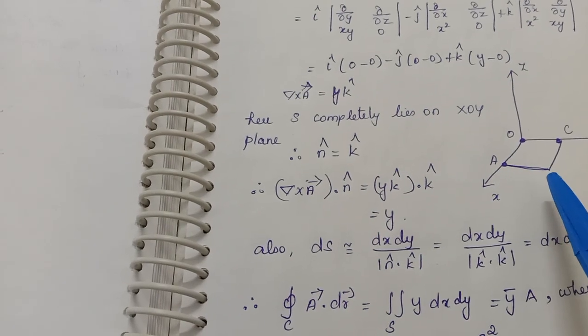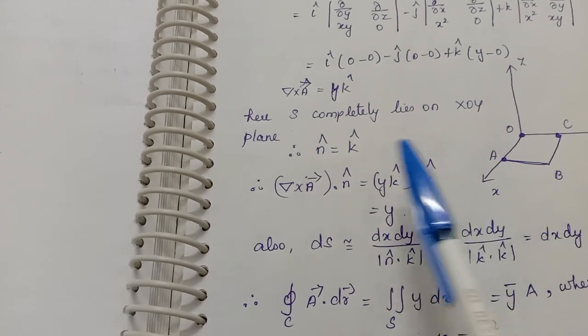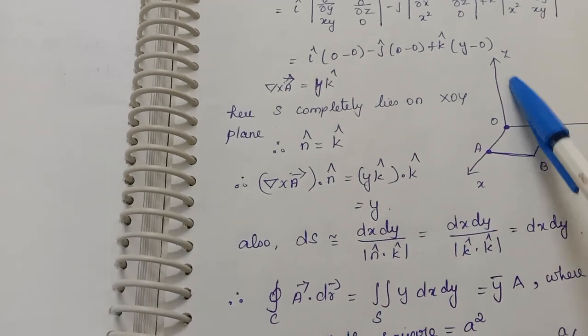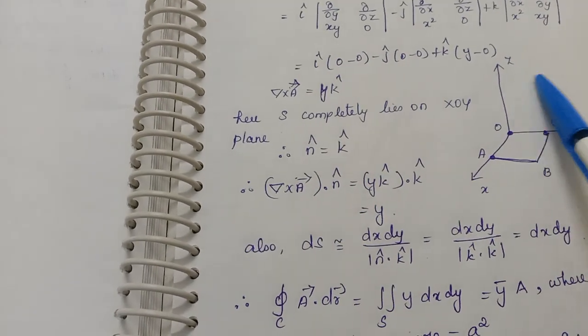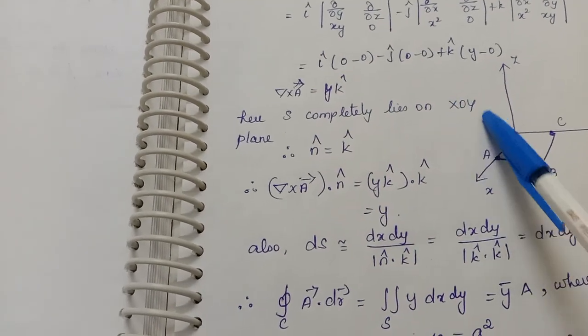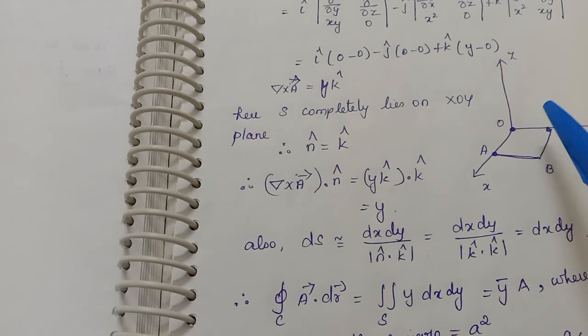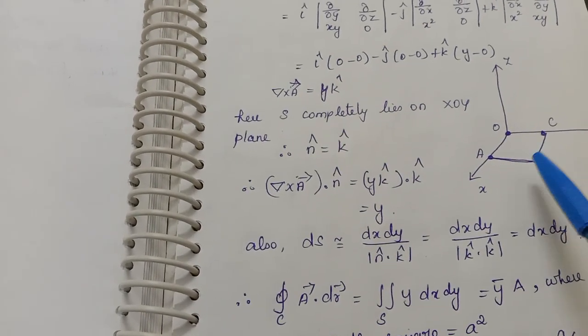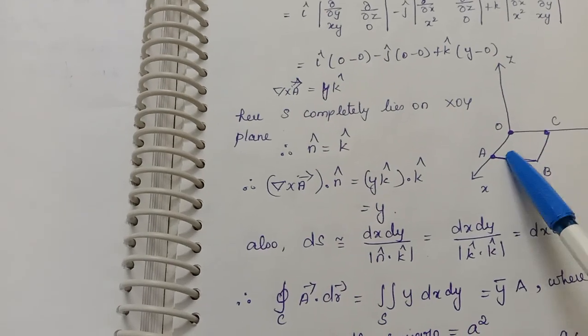So here n cap is equal to k cap. Suppose your square is lying in this particular octant, then it will be i cap. If in this octant it is lying, it will be j cap. So depending on where that plane area is lying, you have to choose n cap. So here it is k cap.